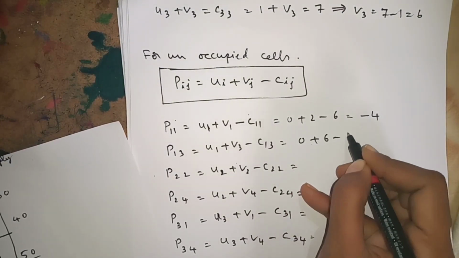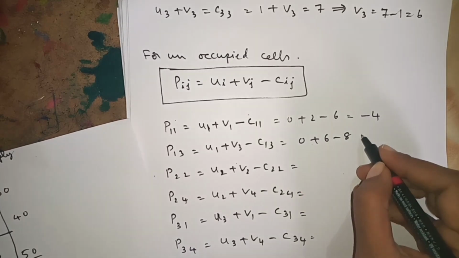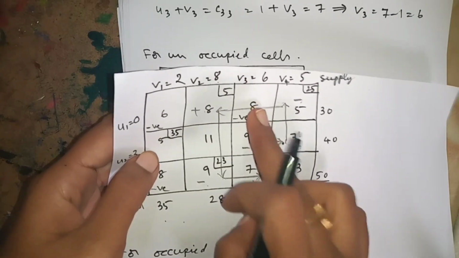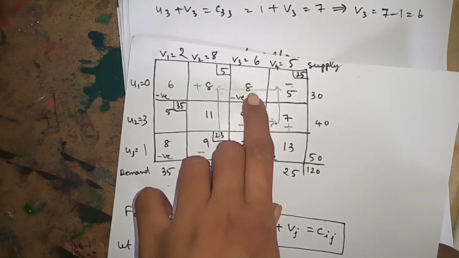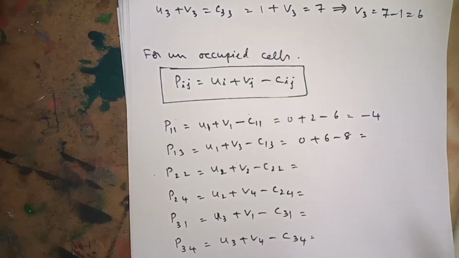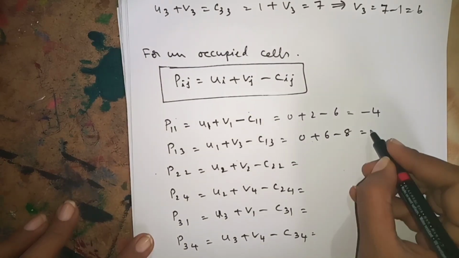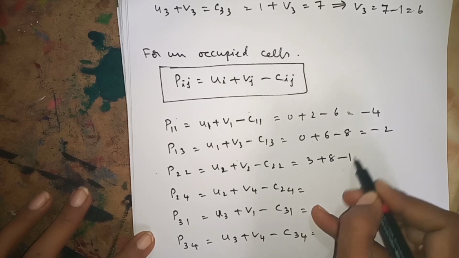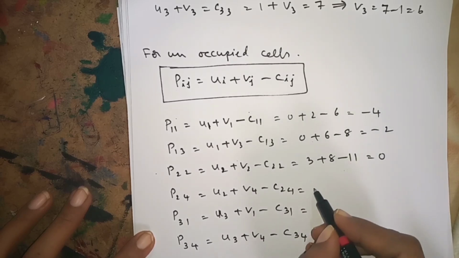Then 0 plus 6, C13 is 8. C13 place is 8, which is minus 2. That is equal to 3 plus 8 minus 11, which is 0.